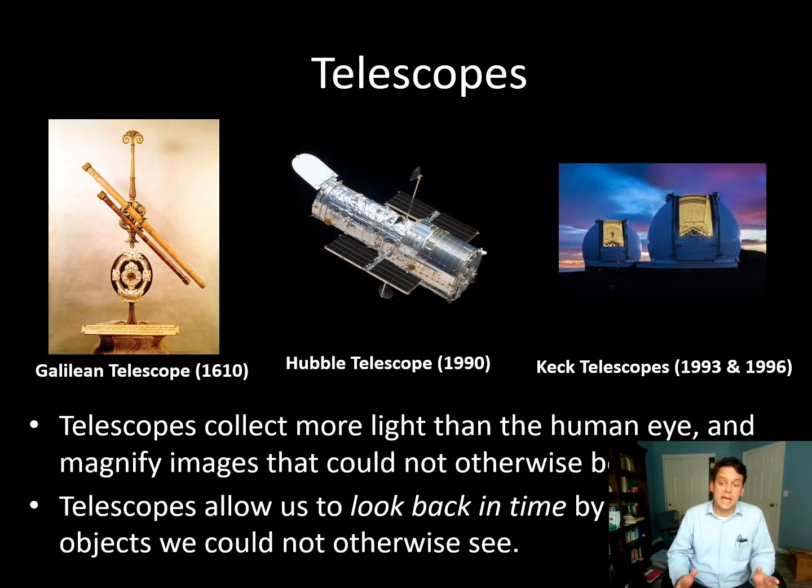But as you can imagine, the invention of the telescope made a huge difference in terms of our ability to collect data and make observations and discoveries that were just impossible before. So the telescope was first developed in 1610 by Galileo. It's worth saying that Galileo seems to have been the first person to take a telescope, what we would call a telescope, and point it at the sky, which is kind of what a telescope is, right?